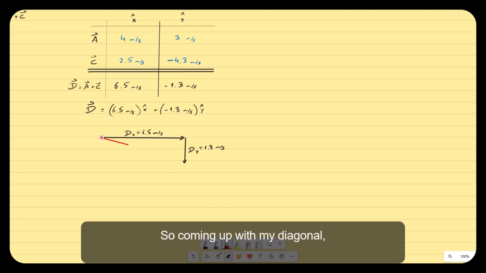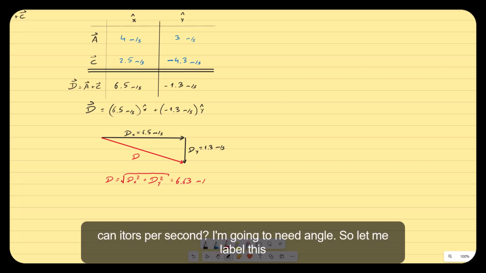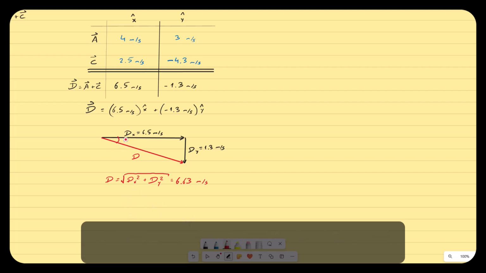So coming up with my diagonal, I'm going to say D is going to be the square root of Dx squared plus Dy squared. And that gives me 6.63 meters per second. I'm going to need an angle, so let me label this angle here.